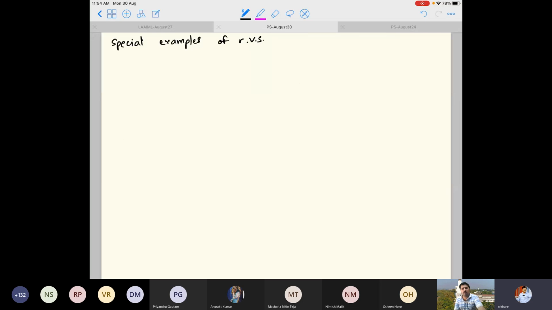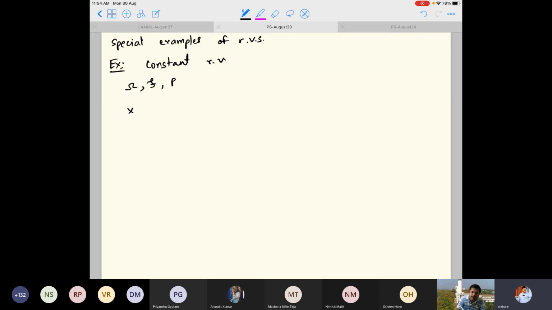And in a couple of minutes, I want to give two examples of special random variables before we close today. The first example is the constant random variable. What is this constant random variable doing? I have omega, F, P, and so on.